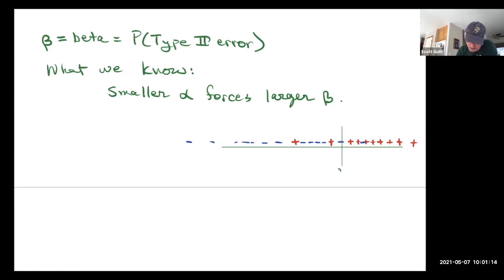That's my critical value. If you cross the line, you're positive. You're going to be classified as having COVID-19. Right now, I've got two false positives. Those two negatives that I'll circle, that person and this person, because they've crossed the line, are going to be told they're sick, but they're not.